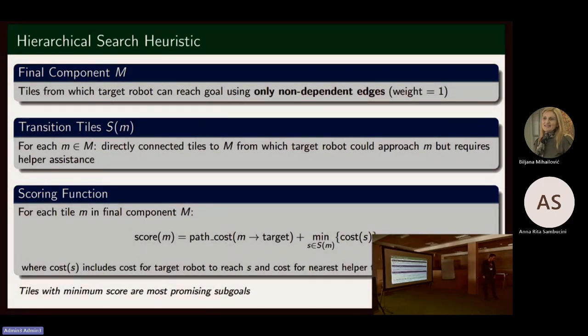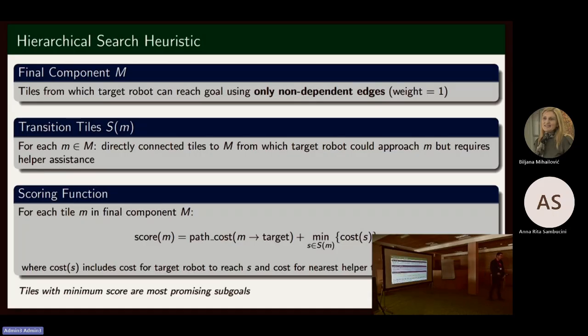Our heuristic to find an interesting subgoal is based on three concepts.